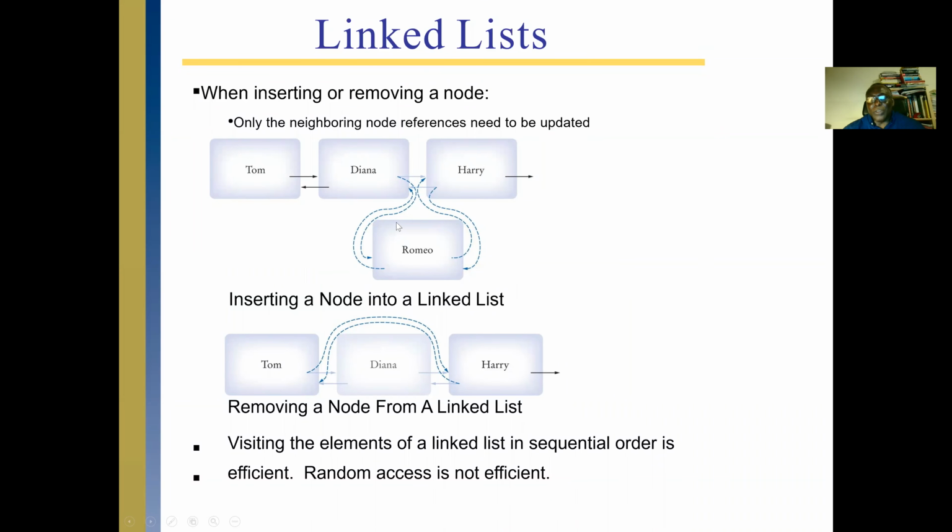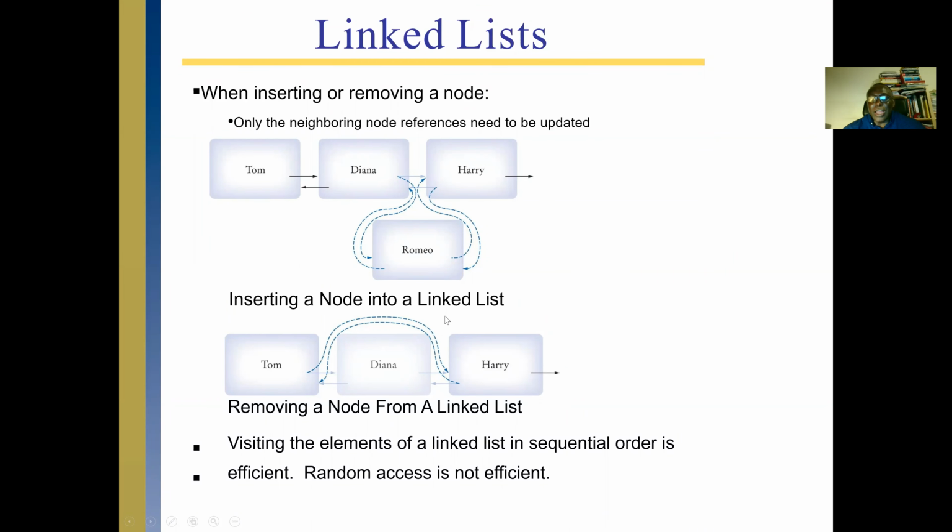First step, we have to create the node, because this is dynamic allocation of the memory space, anytime we have a new item, we have to create a node. So we create a node, then we assign the information to the node, then we change the pointer. Instead of Diana pointing to array, this time it's going to point to Romeo, and Romeo will point to array, which means I'm inserting a new node between Diana and array.